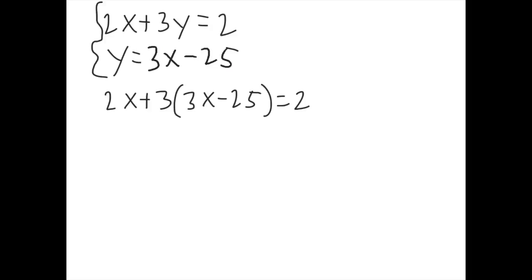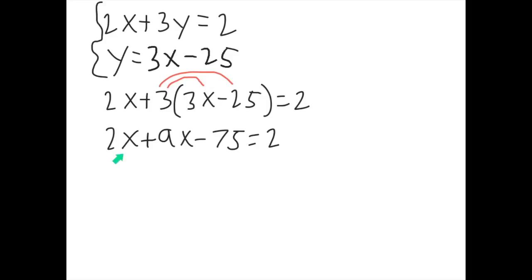So now we have to drop down the 2x and distribute this 3. 3 times 3x is 9x, and 3 times negative 25 is negative 75, equals 2.